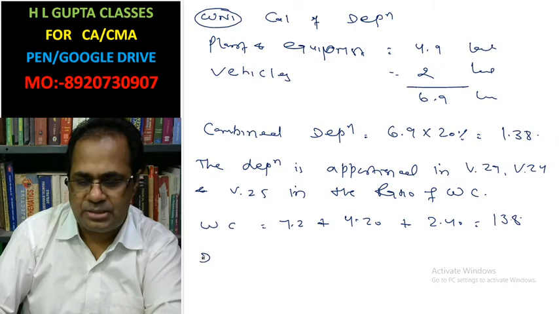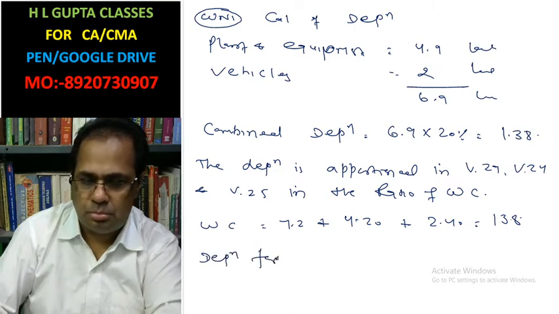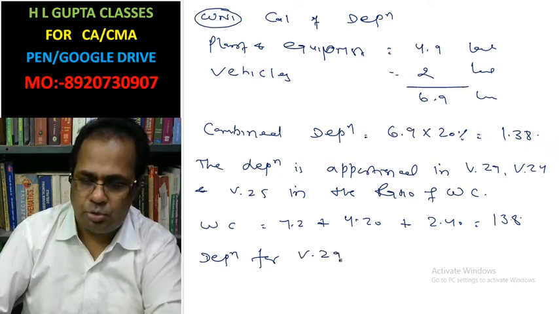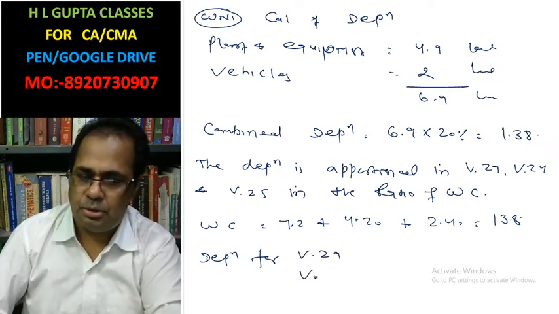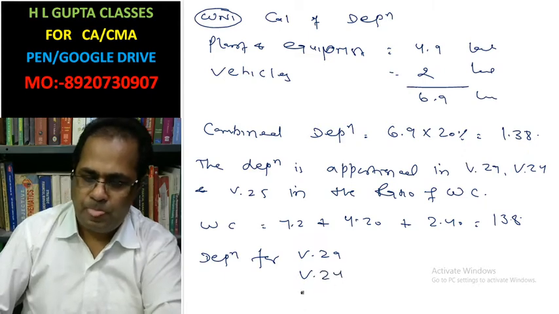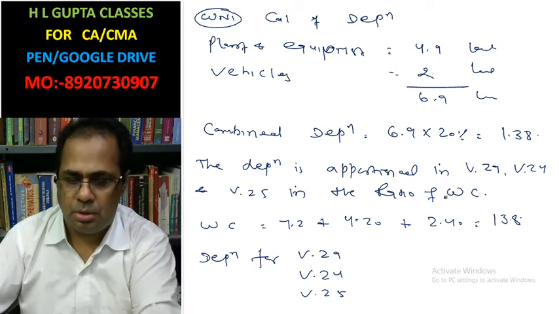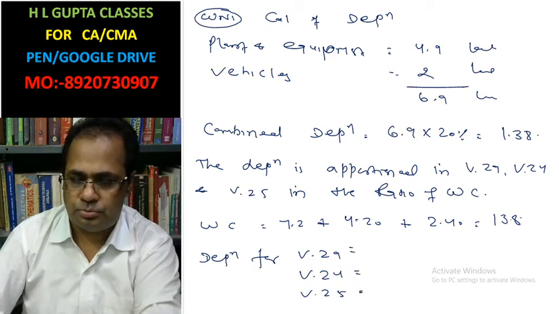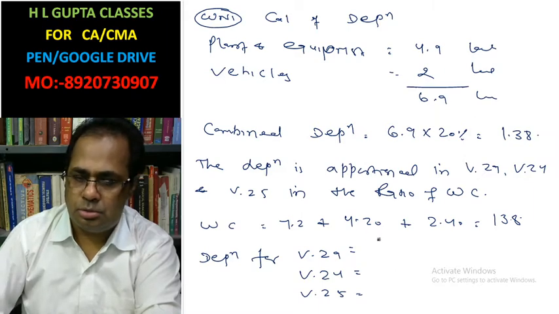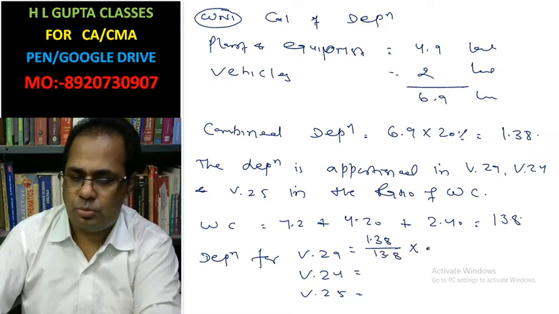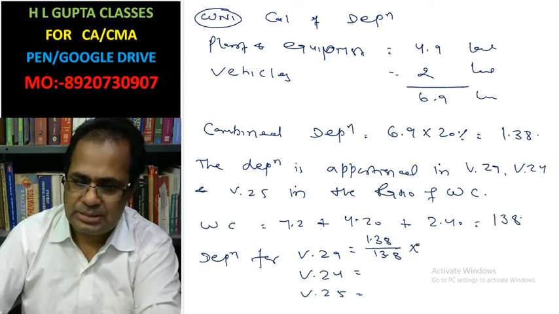So the depreciation for B29, B24, B25. Look at it. 1.38 divided by 13.8 is 0.1.